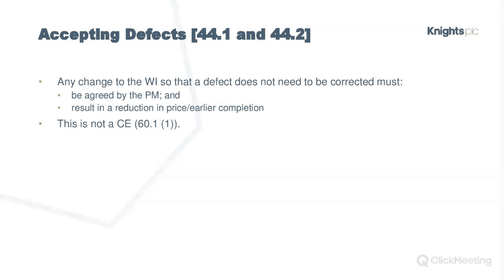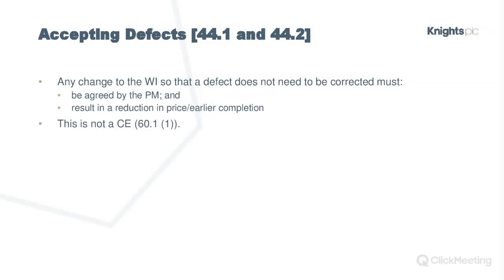In terms of defects, where it talks about 44.1 and 44.2, that's a reference to the contract clauses in NEC, which talk about the ability of the project manager to accept defects and make a deduction to the sum paid to the contractor, to take into account the fact that the employer's getting something that isn't quite right, but everybody's reasonably happy that the defect doesn't really need to be corrected for whatever practical reason.